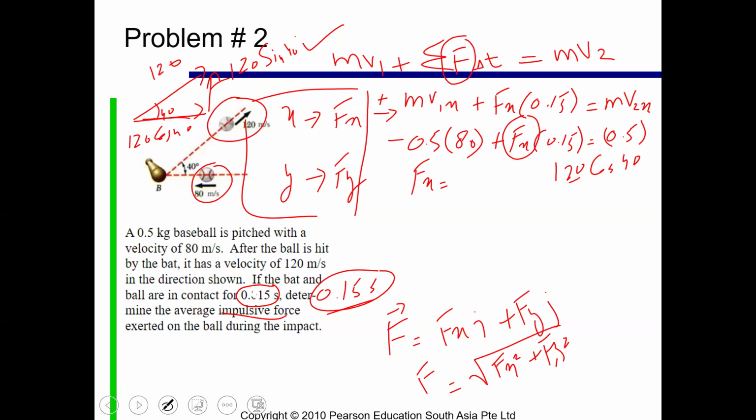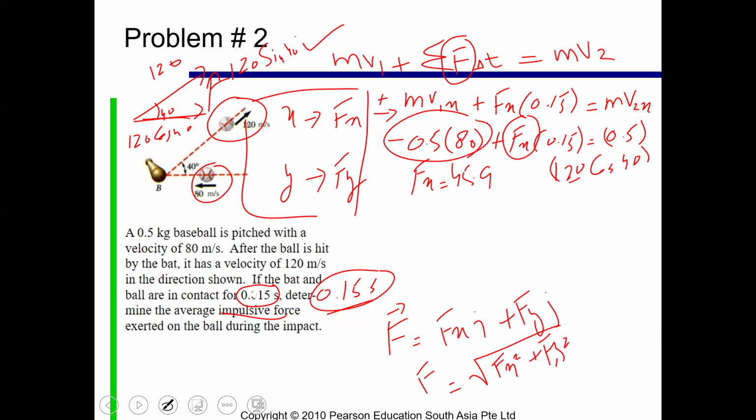What is this value? 120 into cos 40. What is 120 into cos 40? 92. 92 times 0.5 is 45.9.